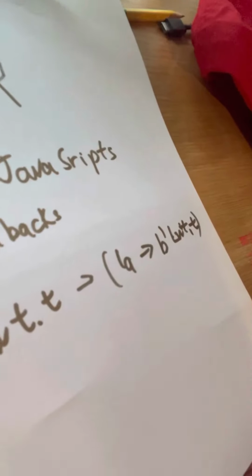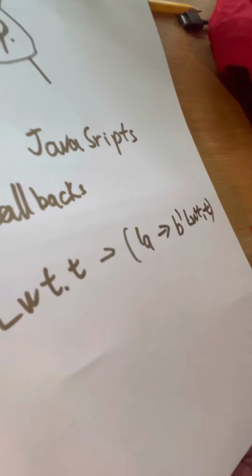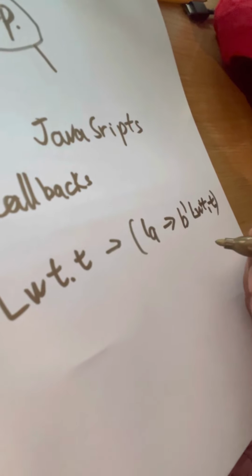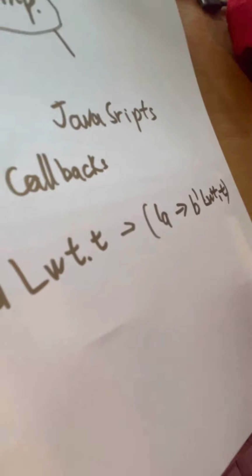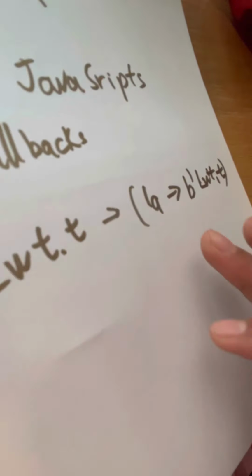Correspondingly, the callback is of this type: alpha to another promise, which returns, as you can see, another promise.